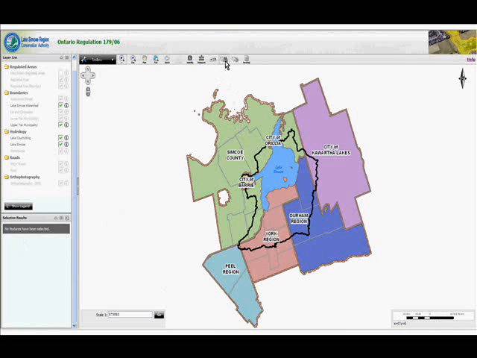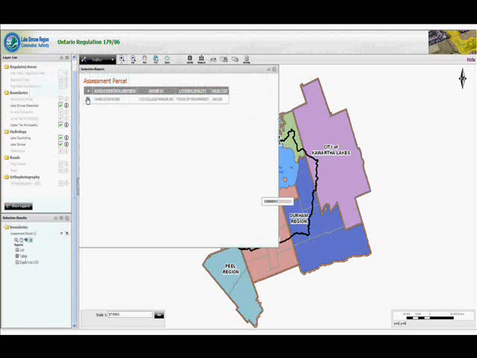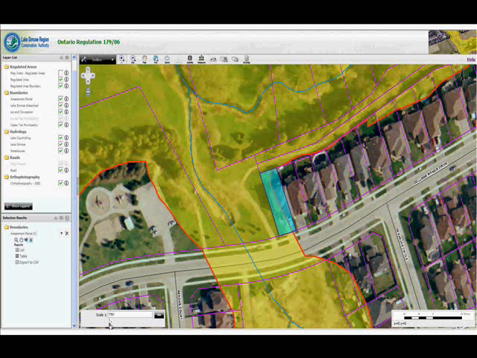Let's look at another example focusing on an urban property that resides within the regulated floodplain in the town of Newmarket. In this example, the sample property, which is in the middle of the screen, is highlighted in blue. We can also see in this situation there is no significant development in the yellow regulated area, yet the property in question is partially regulated.